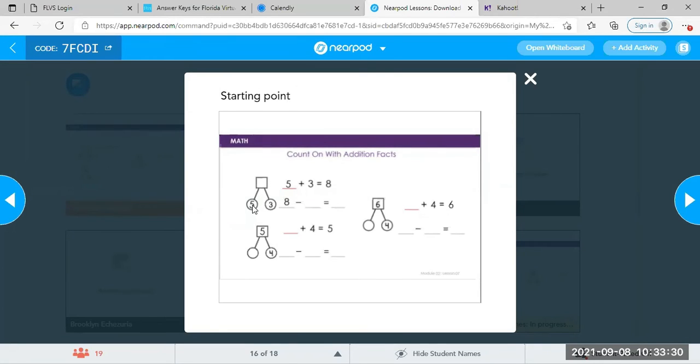What did Mr. Jack Hartman say? 5 plus 3 equals, and what would we do if we were missing a part? Oh, okay. So think about what strategy we would use to find the missing parts. It's okay. No worries. All right.